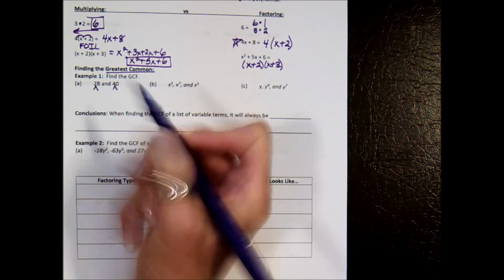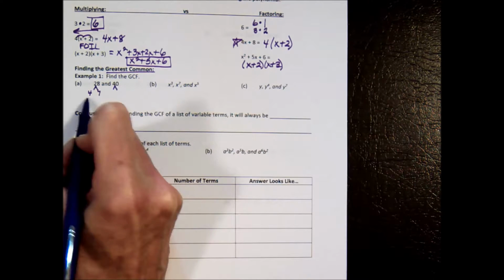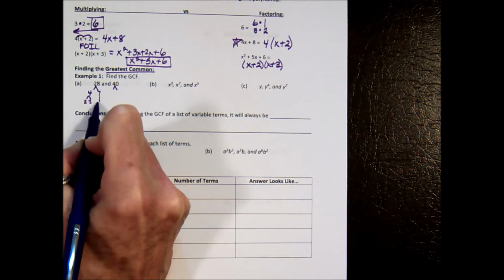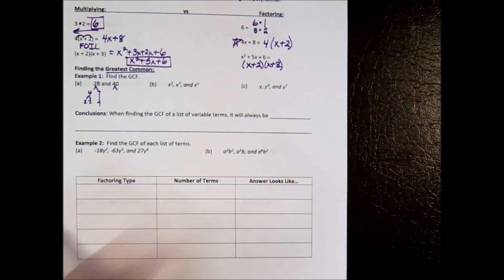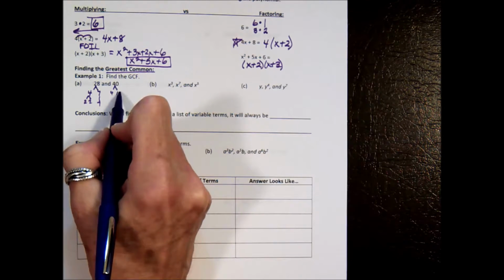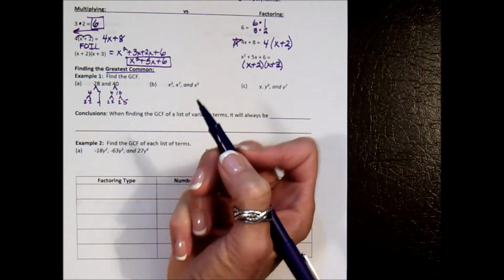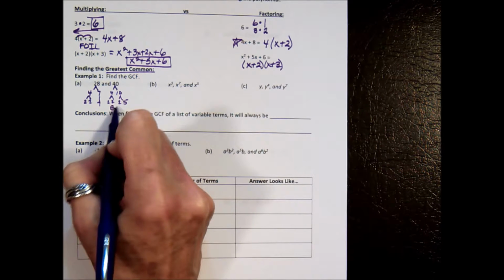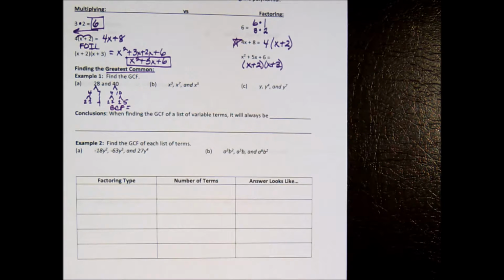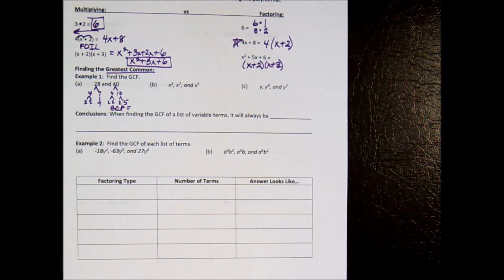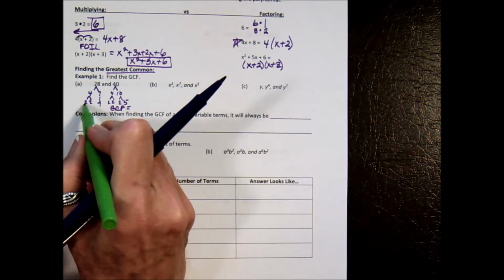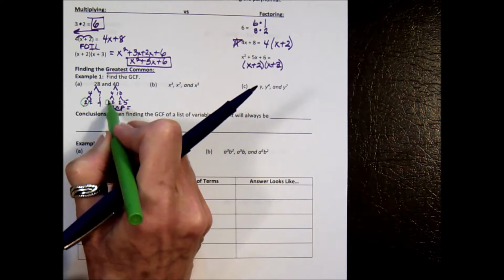I can do a factor tree for each of my two factors. This I'm going to write as 4 times 10. So 2 times 2 times 2 times 5. And then my greatest common factor is what they have in common. So let me use a different color here so you can see. Do they both have a first 2?